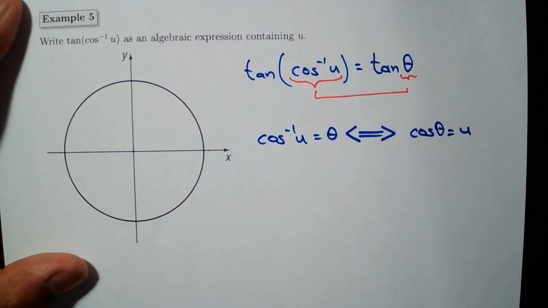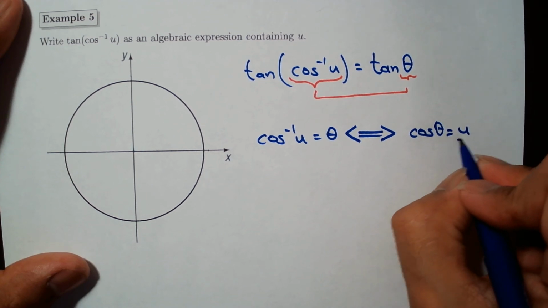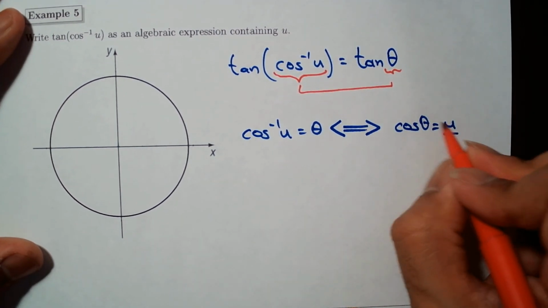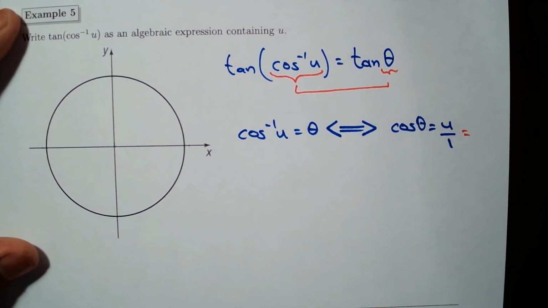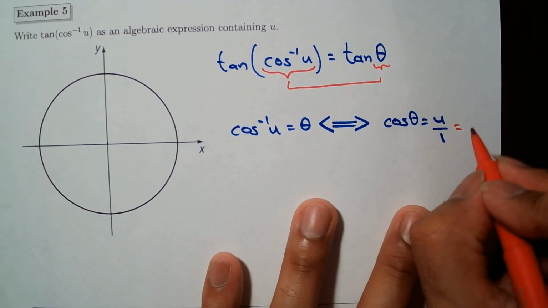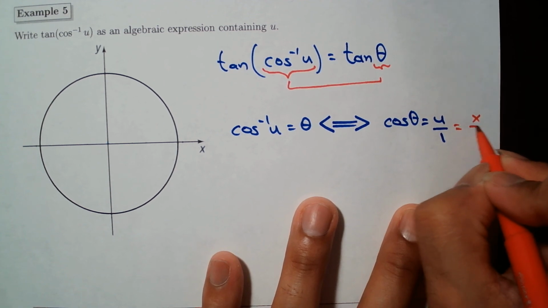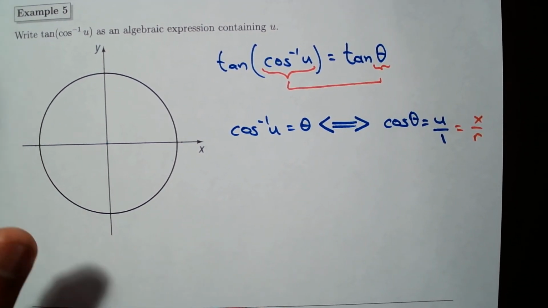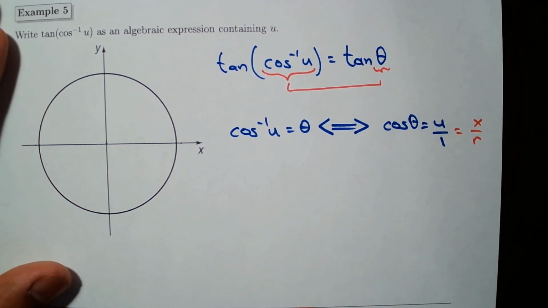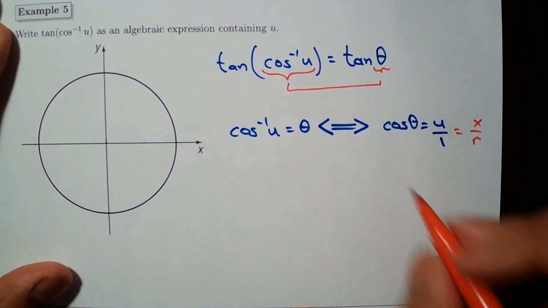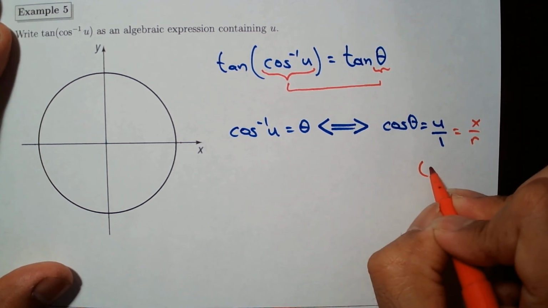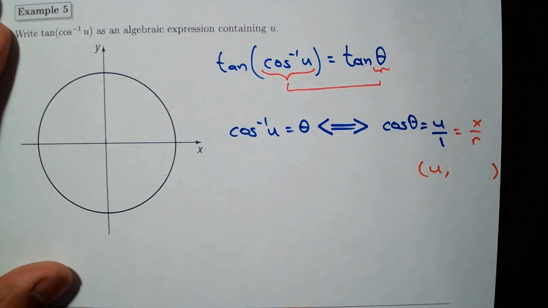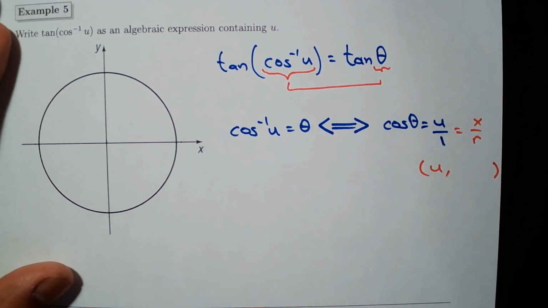But again, u is the same as saying u over 1. So be careful in this case. Now, cosine is x over r. So the point that gives rise in this case is the point u, which is x, comma something, which is y. We need to figure that out, and the radius is 1.